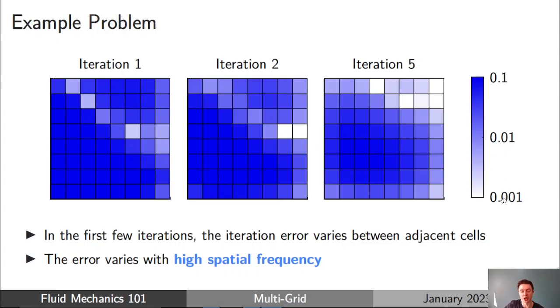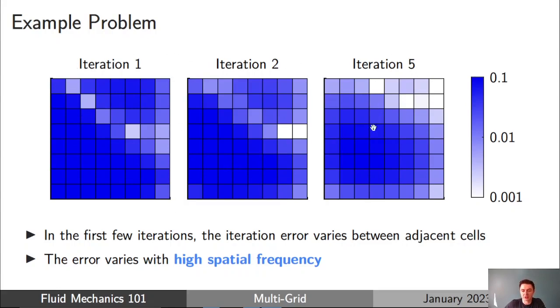It may differ by more than an order of magnitude. Some of the cells are white and next to dark blue cells. And we describe this by saying that the error varies spatially with a high frequency in space, not in time, in space. The error varies between adjacent cells.